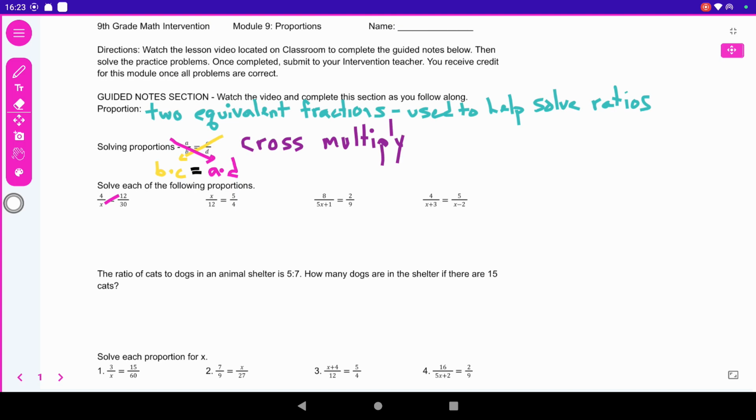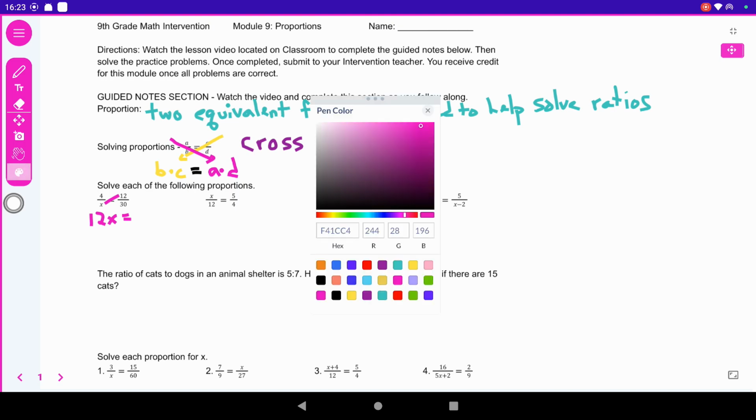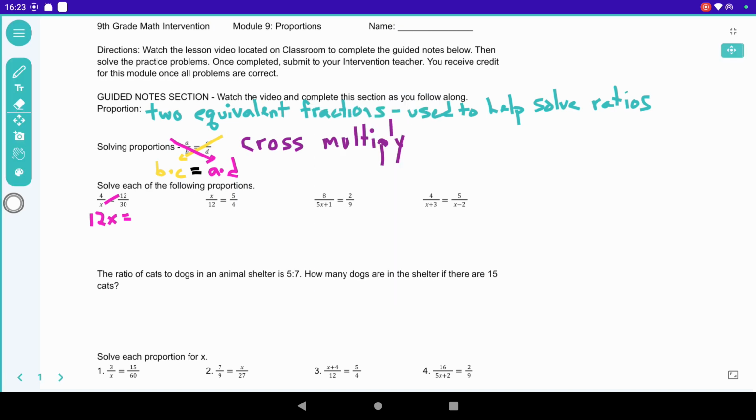So you're going to go 12 times x, or you could say x times 12. It doesn't matter which way you say this, but when you multiply 12 and x, it's going to be 12x. And then we're going to multiply by the other way. So 4 times 30 is 120.